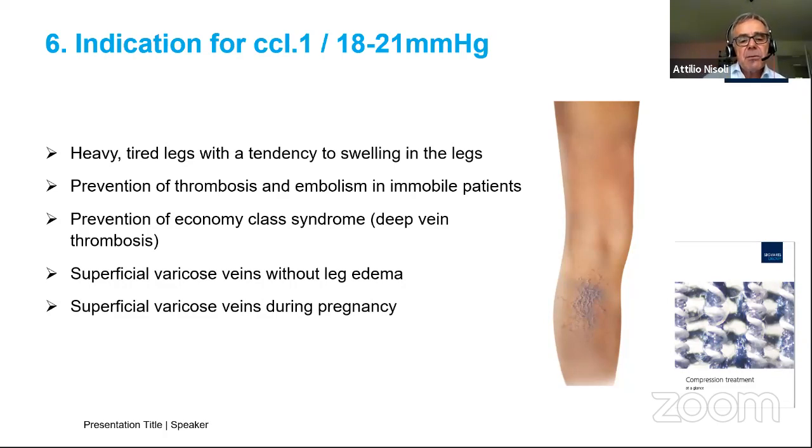Superficial varicose veins without leg edema and so on. During pregnancy, this is another clientele.